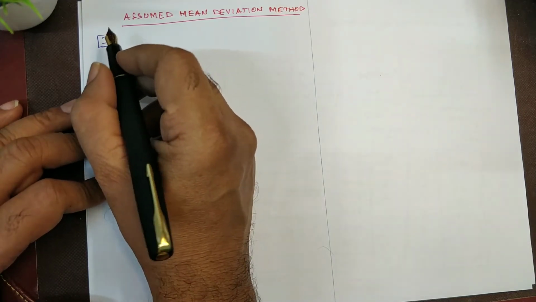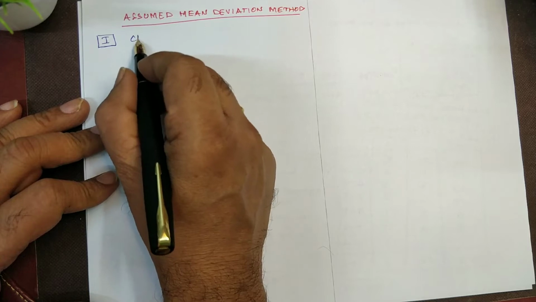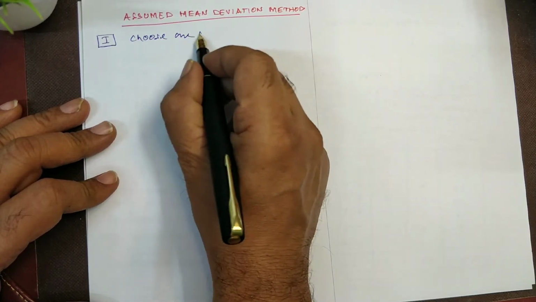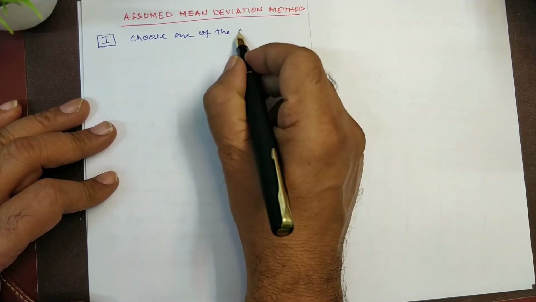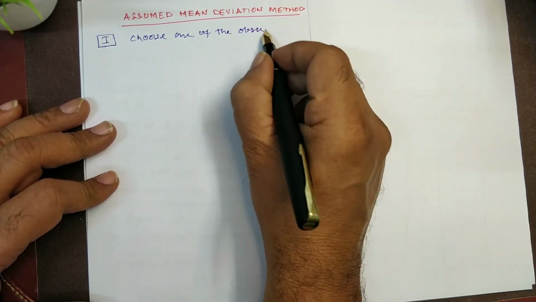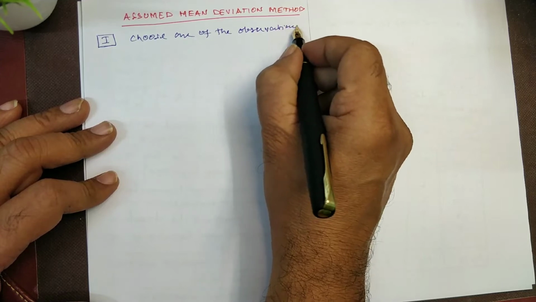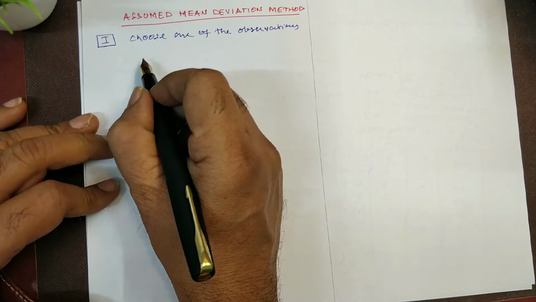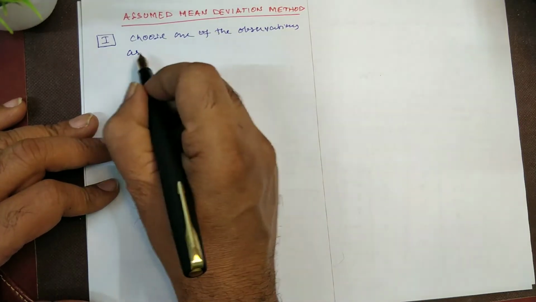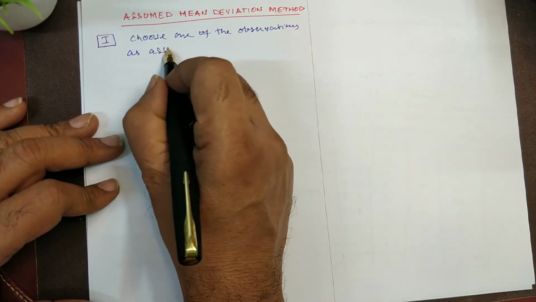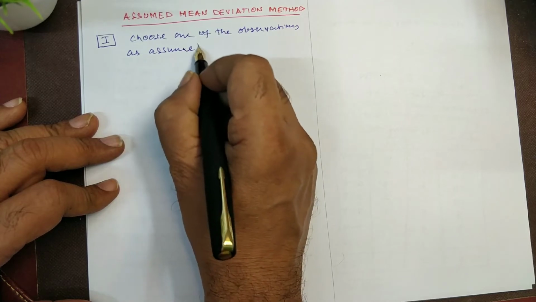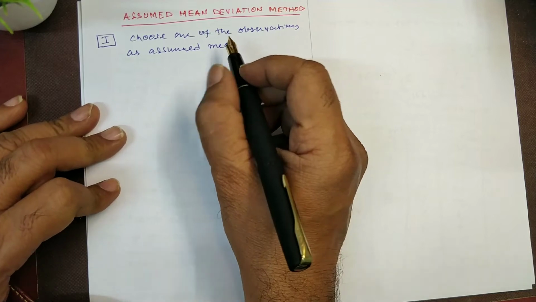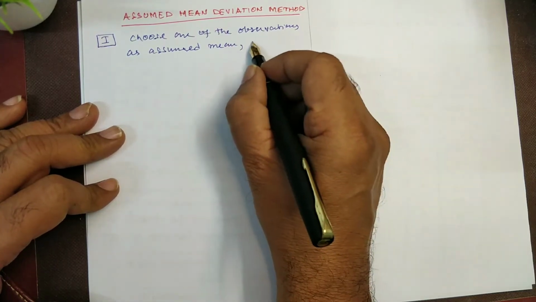Choose one of the observations as assumed mean, and it is indicated by A.